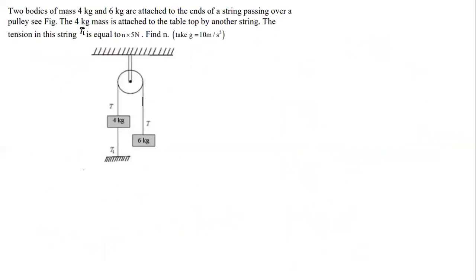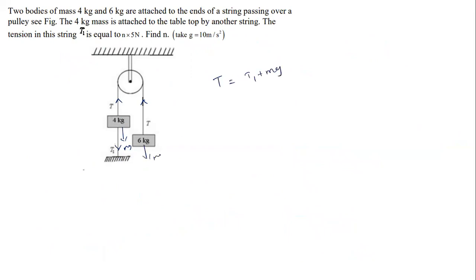Now two bodies of mass 4 kg, 6 kg attached to the end of a string passes over a pulley. The 4 kg mass is attached to the table top by another string. The tension in the string T1. Okay, this one. This tension acts up. Already they mentioned T. This weight acts down. And this tension acts down. Here the balance is T is equal to T1 plus mg.